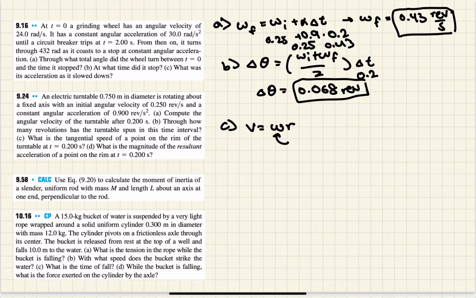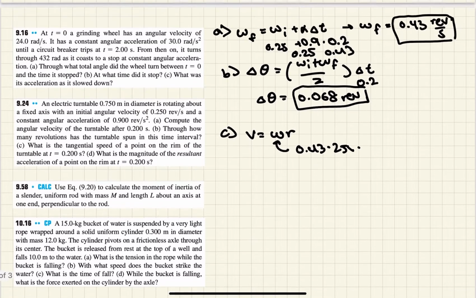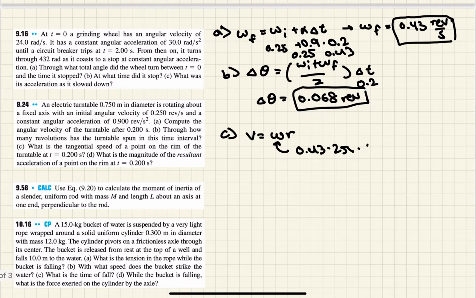So we do the 0.43 times 2 pi, and then multiply that by another value, radius, which is 0.75 over 2, which is 0.375, because 0.75 was the diameter. And you multiply all that, you're going to get 1.01 meters per second. Because the meters chases away the radians, our units is going to be meters per second.